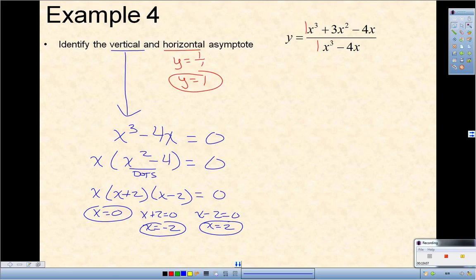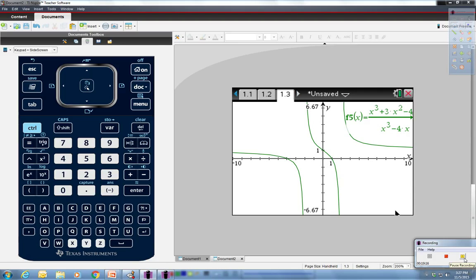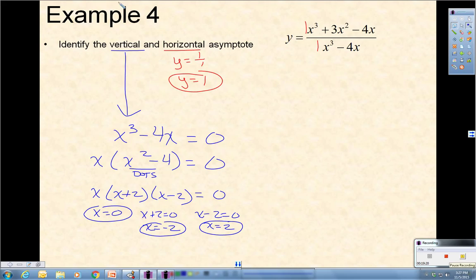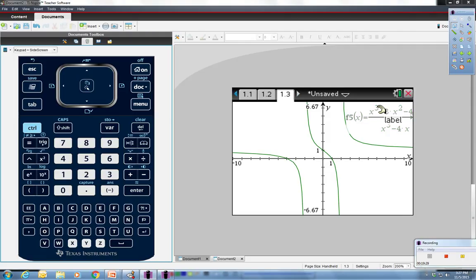And then I know I said I wasn't, but I'm going to go ahead and confirm this one as well. Alright, and so I went ahead and typed it into the graphing calculator, and sure enough, let me go back to it. There we go.